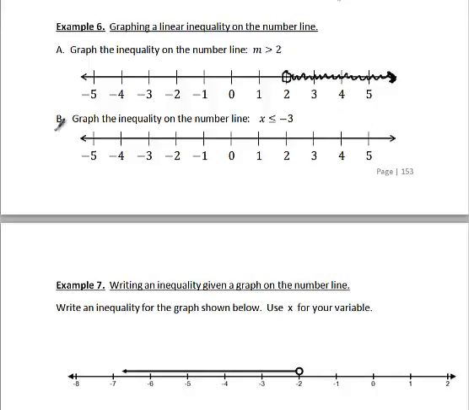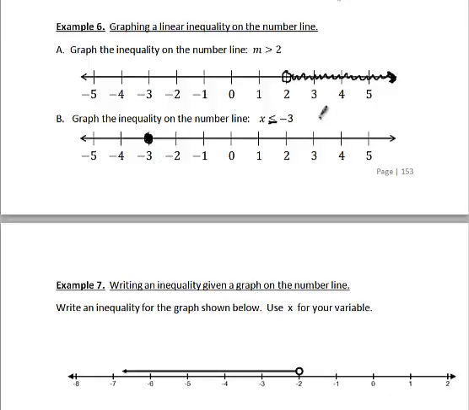Okay, B, we have -3, so we can locate -3, and then what we want to do is decide what kind of dot we want to put at -3. Well, we actually have the equal to bar below the inequality, and so it can be equal to -3.